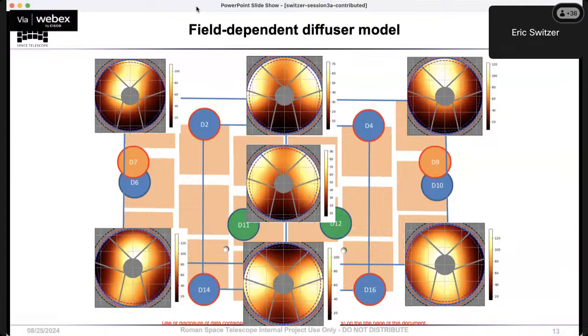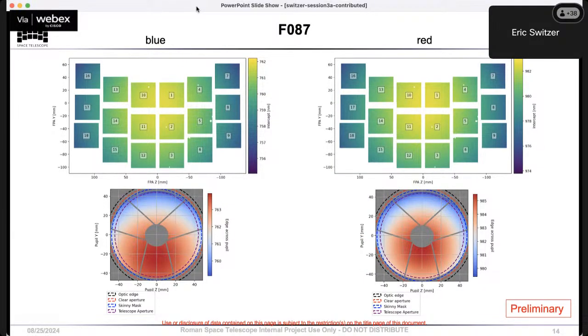So the flip side of this weighting of the pupil is that the flat field contains subaperture information. So the analysis proceeds by a forward model that retrieves both the field dependence and the pupil space dependence to retrieve the coating variation. So this shows for F087 blue and red.